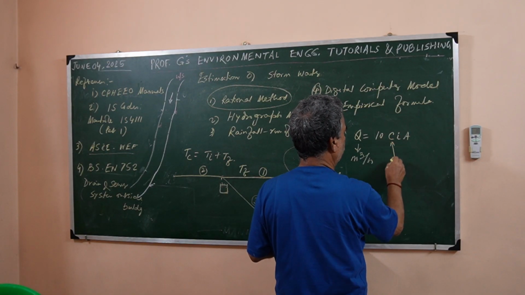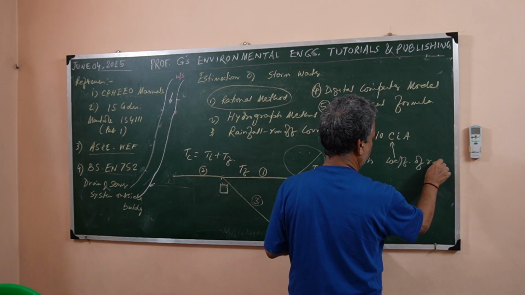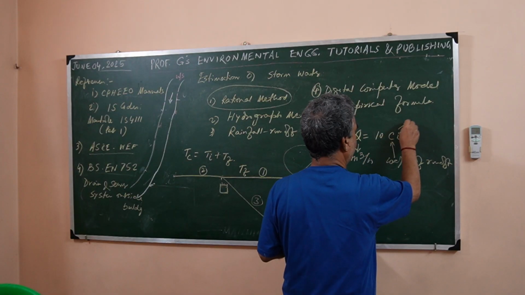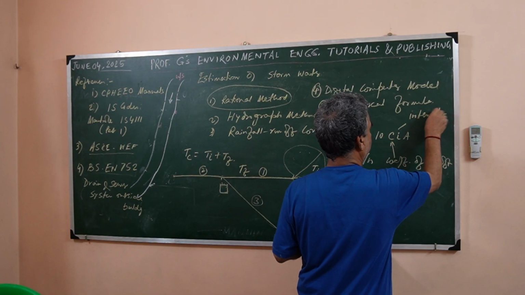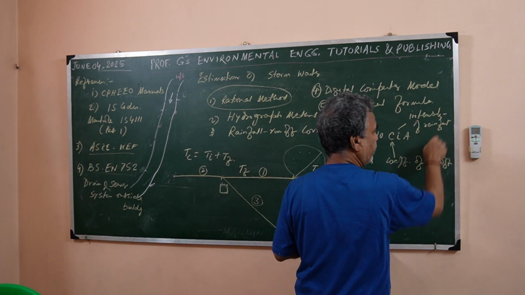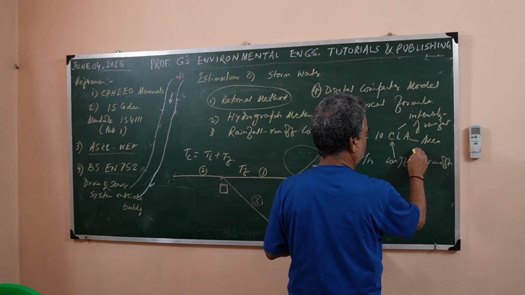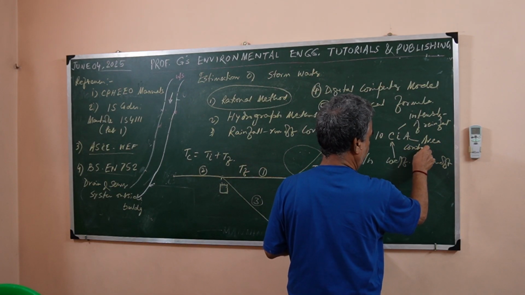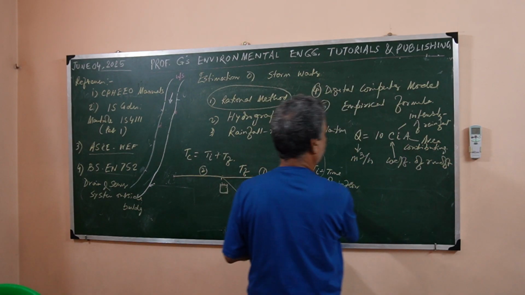C is the coefficient of runoff. I is the intensity of rainfall. And A is the area contributing to the storm flow.